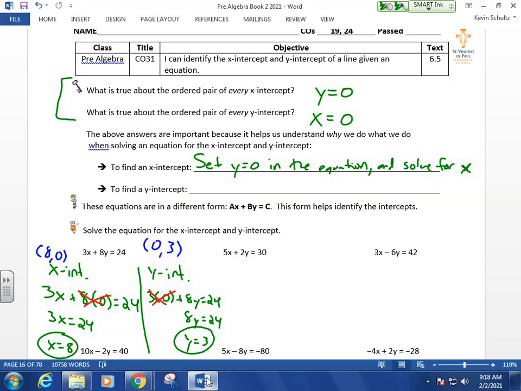To find a y-intercept, you're going to set x equal to 0 in the equation and solve for y. This whole section here is a key point, which means it's eligible to go on a help sheet. You can't put an actual example of us doing it here, but you can remind yourself of the steps in order to solve it.